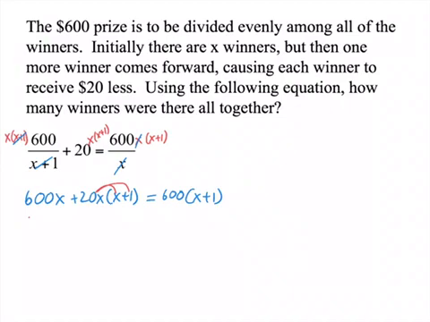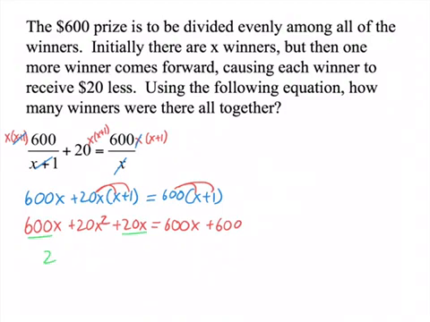Distribute here. First of all, write 600x. This will be plus 20x squared plus 20x equals, distribute the 600, 600x plus 600. Alrighty, those are some big numbers. Well, since we have an x squared, don't we want to set it equal to 0? First thing I want to do is clean up this side: 20x squared plus 620x equals 600x plus 600.